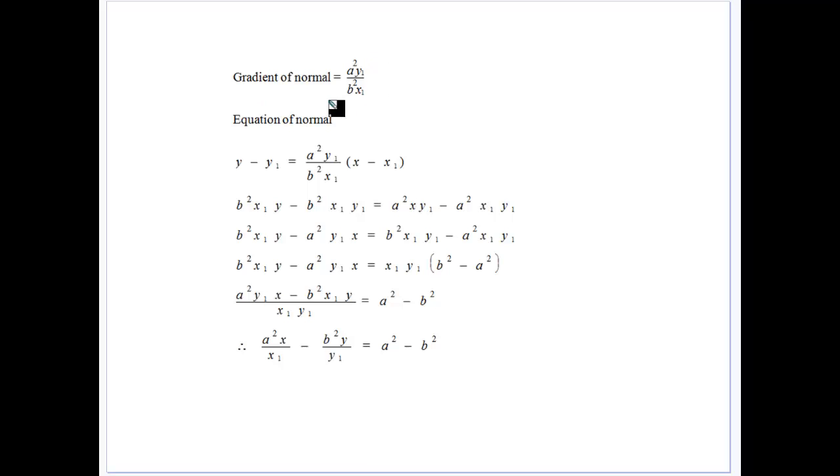Doing the gradient of the normal, well, take your negative reciprocal, substitute it in, and then you're able to manipulate as we go through. So put your equation of the normal in, x1, y1 with the gradient, multiply through, and then we divide by x1, y1. So we're able to do some divisions and get our equation of the normal as we've got it there.